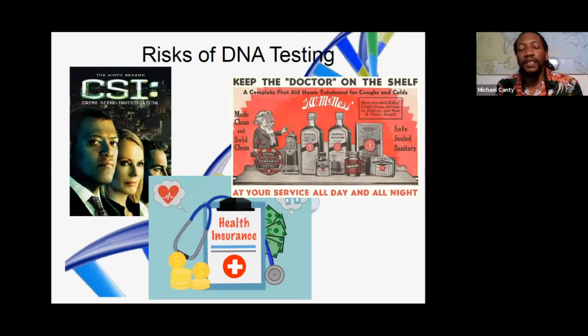CSI, I put this on here because it's not necessarily a negative thing. Some people think it's negative, some people think it's positive, but it's something that happens. Sometimes the police, the FBI, CIA will use some of these data banks of DNA to match a criminal to a crime scene or to solve an unsolved murder. And they'll find out, oh, you're related to someone that did a DNA test. Her name was such and such.